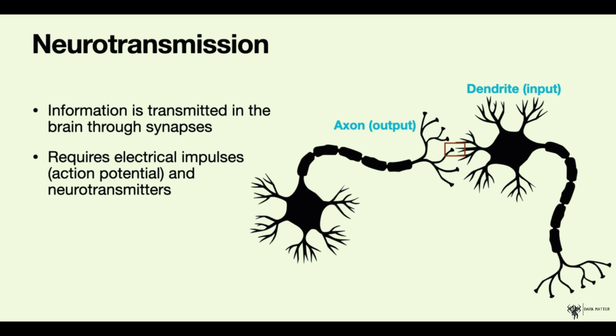Now the electrical impulses will take the form of what we call an action potential. The action potential will pass through the first neuron, and then neurotransmitters, which are molecules that are essential for neurotransmission, will be released at the synapse to activate a certain response in the postsynaptic neuron. This is just a brief overview, and we'll be going into the details of every part of the summary I just provided.